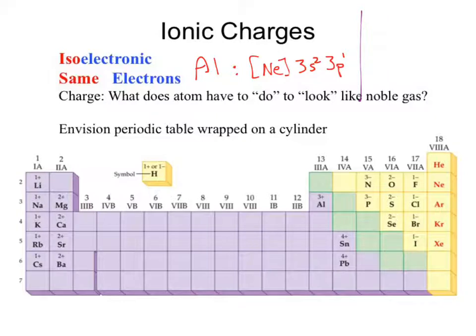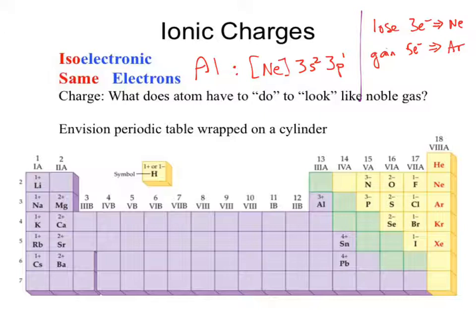So we again ask the question, for aluminum, wanting to look like a noble gas, what does it have to do? It can either lose 3 electrons to look like what? Neon, or gain 5 electrons to look like argon. Which is easier? Lose 3.